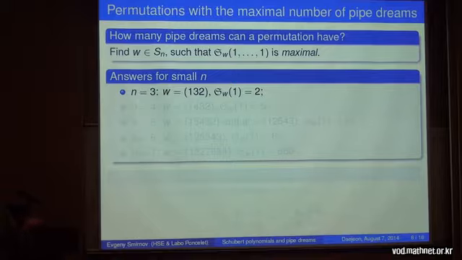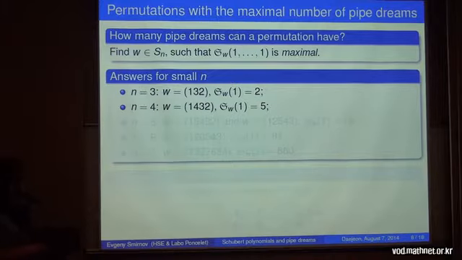All the others had only 1 pipe dream. And this permutation was 1, 3, 2. Then I passed to S4, and this was the permutation we saw several slides ago, 1, 4, 3, 2, and the number of pipe dreams was equal to 5.